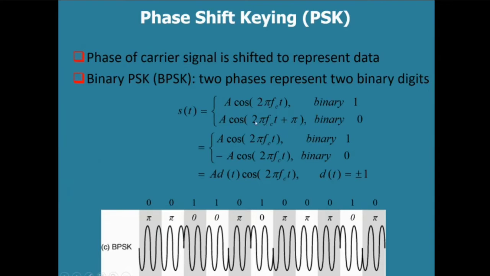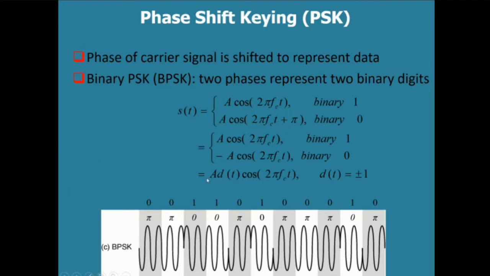So here cos of theta plus pi is minus cos theta. So we can represent the BPSK output as S of t equal to A cos 2 pi FC t for binary 1, and minus A cos 2 pi FC t for binary 0. The only difference between these two signals is that here it is plus 1, here it is minus 1. That should be represented by some constant.